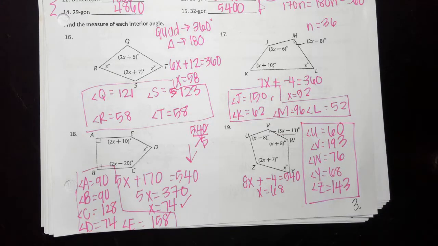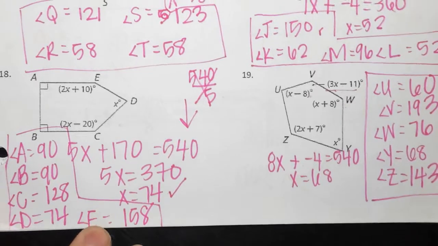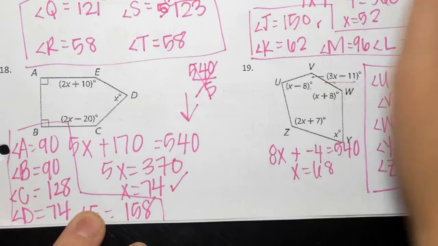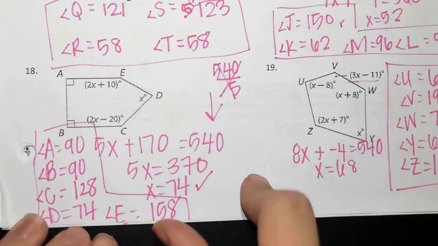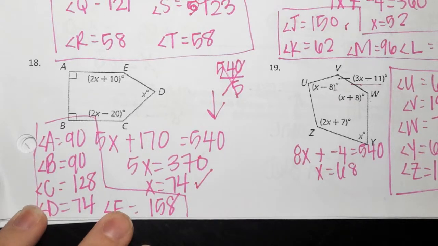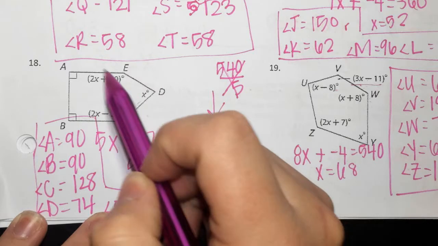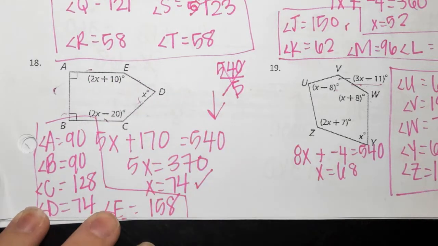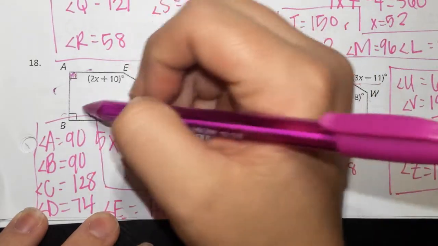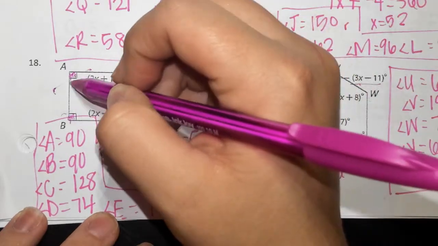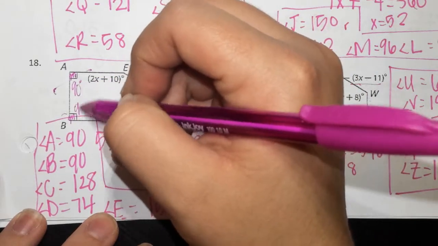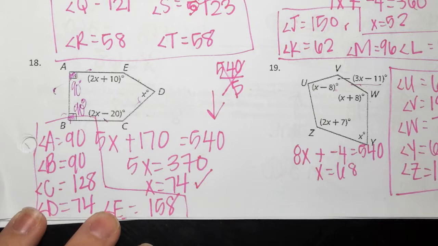Yeah, so first period, some people set 18 equal to 360. And they got the same thing, which I think is just luck. Because this isn't a quadrilateral. This is a pentagon. So you had to remember that this right here, even though there's no numbers, how many degrees is this? 90. So you had to account for that too.